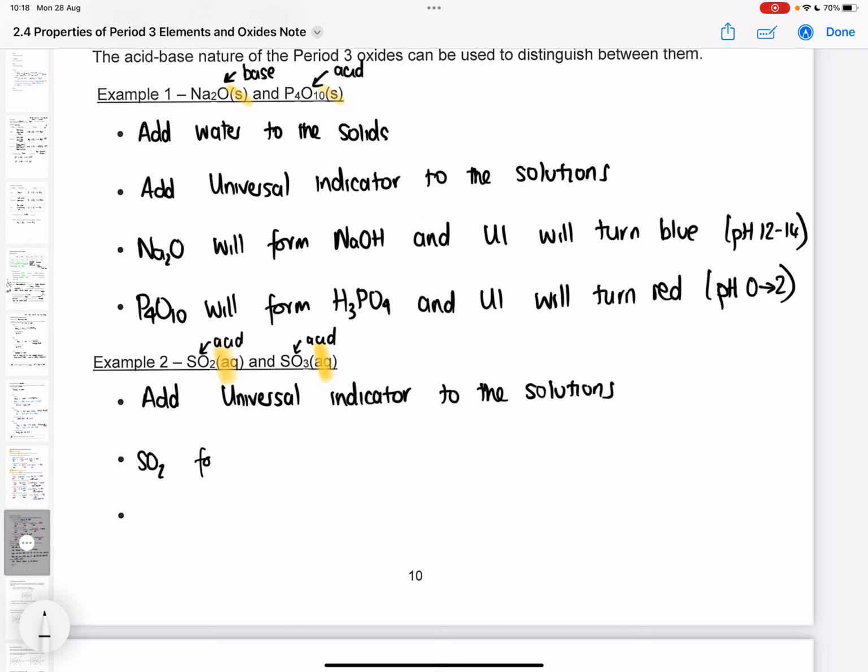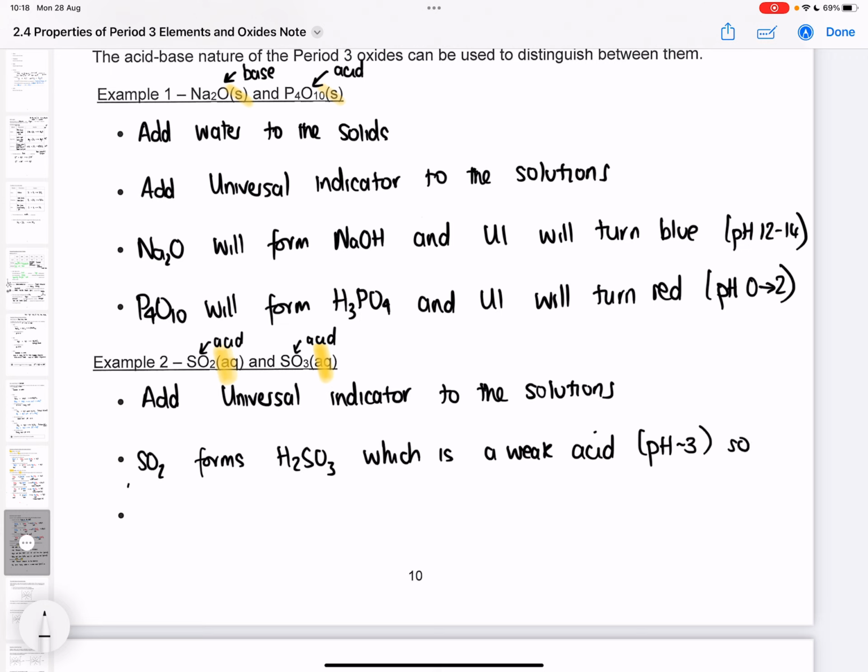SO2 forms H2SO3, which is a weak acid. So pH sort of 3-ish, approximately 3.